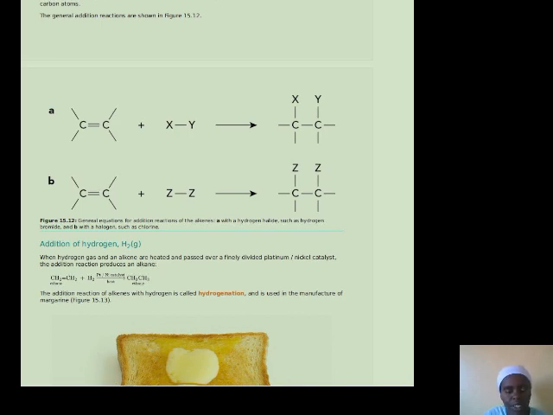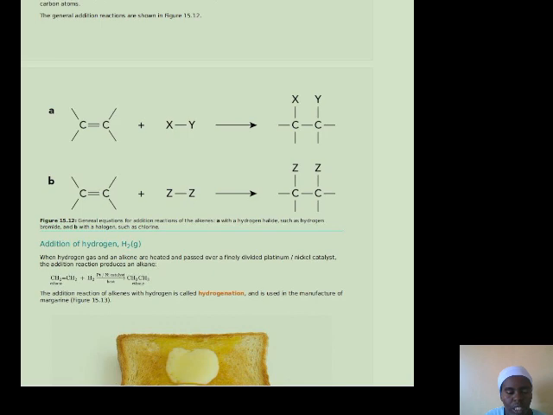The first kind of reaction we're going to discuss is the hydrogenation reaction, or basically the addition of hydrogen to an alkene. When hydrogen gas and an alkene are heated, or passed over a finely divided platinum catalyst, or a nickel catalyst, you get an alkane.